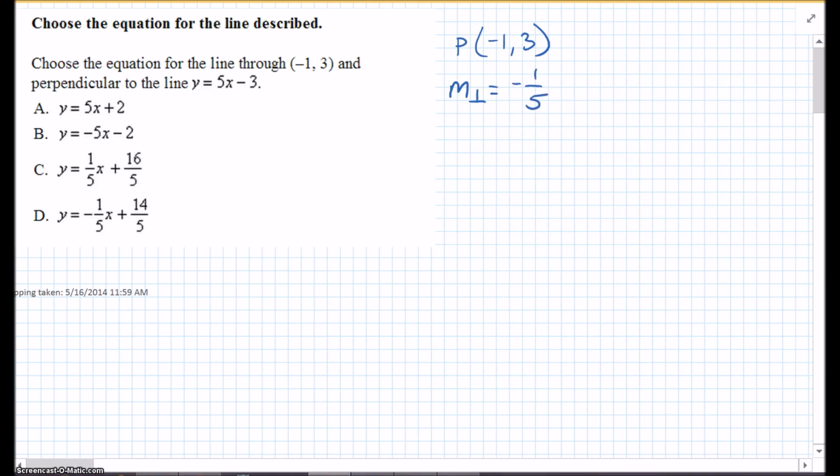Okay, so let's go ahead and plug it in. So we got y equals mx plus b. I have a y value, that's 3, equals my slope, which is negative 1/5, times my x value, which happens to be negative 1, plus b. So 3 equals 1/5 plus b. So subtract 1/5 from each side.